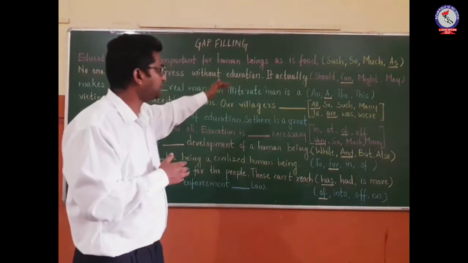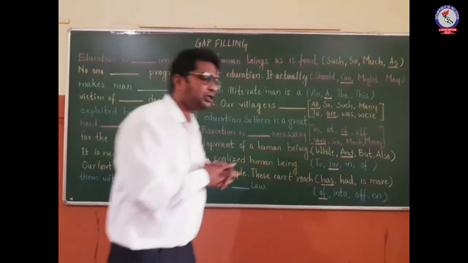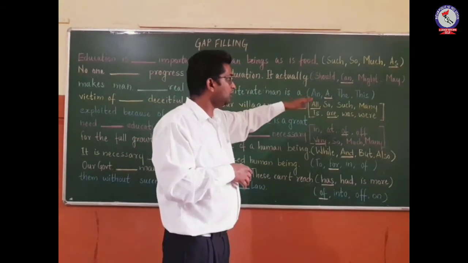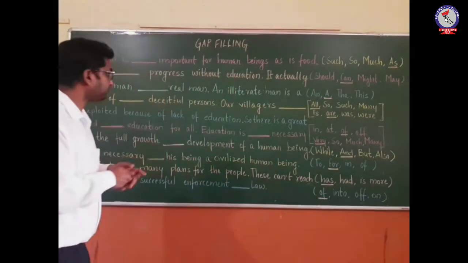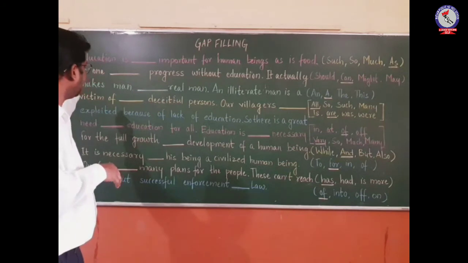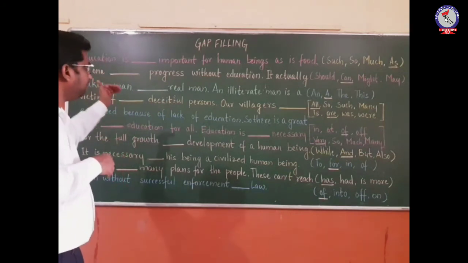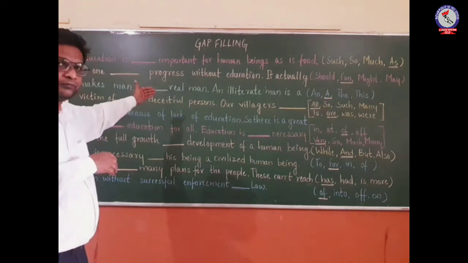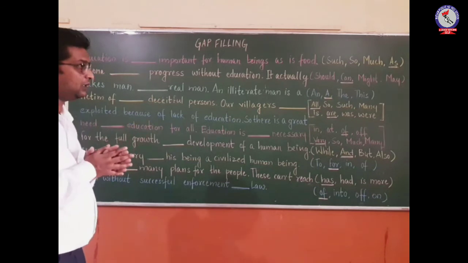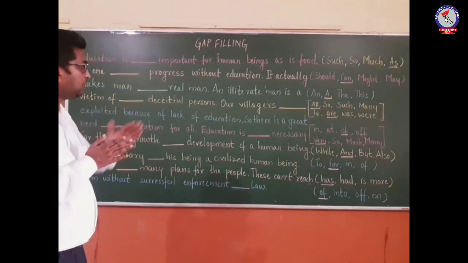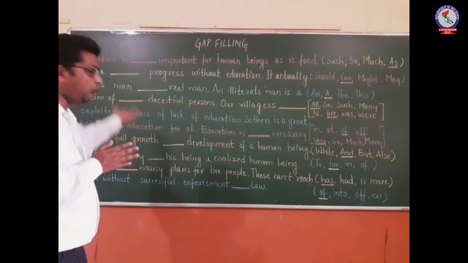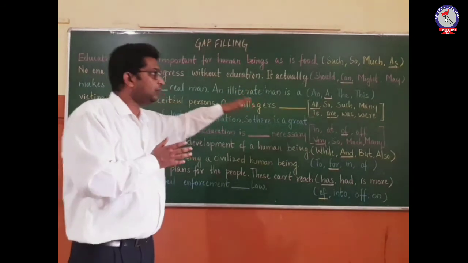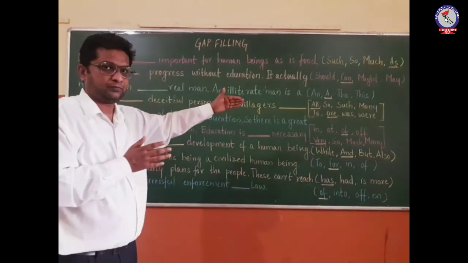An illiterate man is a. Now see in the options: and, a, the. It is not a vowel sound, so there is no question of using an, the and this.